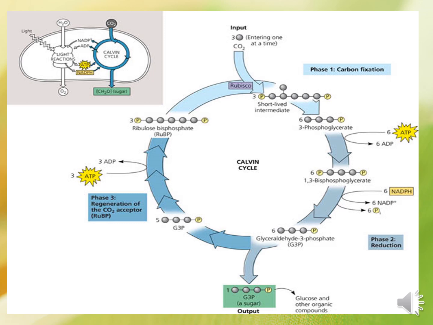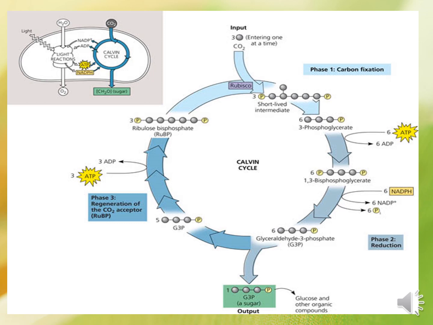This 1,3-bisphosphoglycerate is then reduced by NADPH, so it becomes 6 glyceraldehyde 3-phosphate, G3P. Then only one molecule, remember, only one molecule of G3P will be used to produce the sugar.